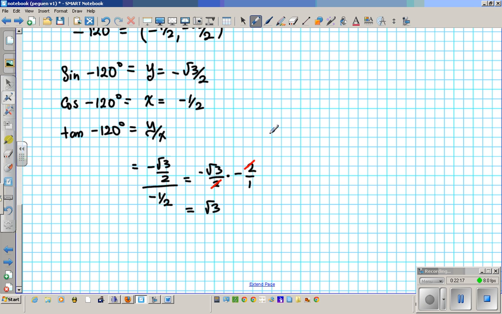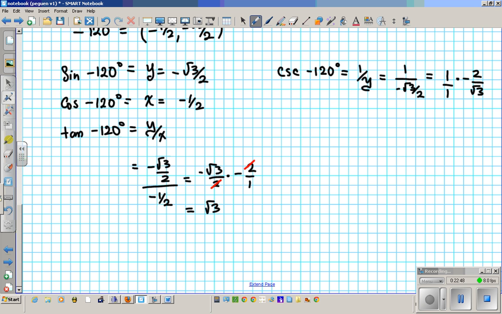Alright, next one. Cosecant. Cosecant is a reciprocal of sine. Cosecant negative 120, if you look at your formula, is 1 over y. So that's going to give us 1 over negative root 3 over 2. We have a problem here because the denominator is a fraction, so we're going to DCF the problem. It's going to become 1 times the reciprocal of the denominator, negative 2 over root 3.